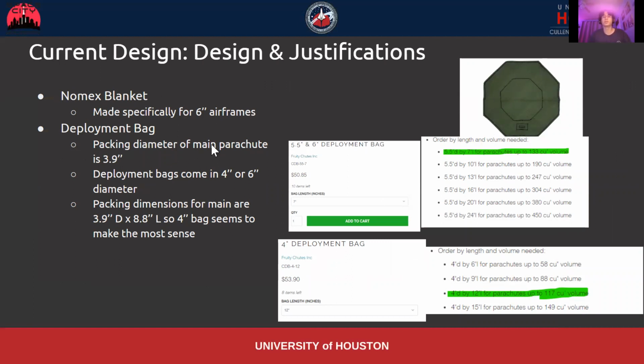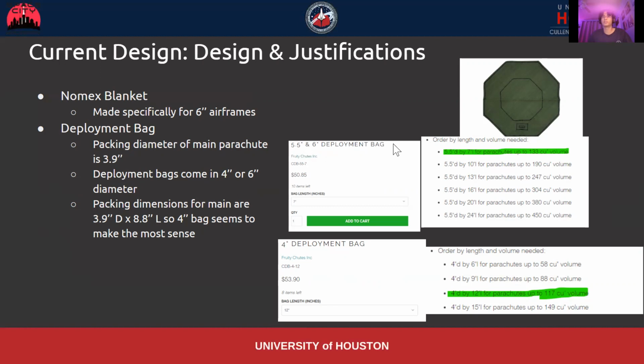For the deployment bag, we are going to buy a new one because we have one from Oberon, but that one is for a 10-foot parachute. But anyhow, the packing diameter of our main parachute, like I said earlier, is 3.9 inches. And the deployment bag, there's two different sizes.